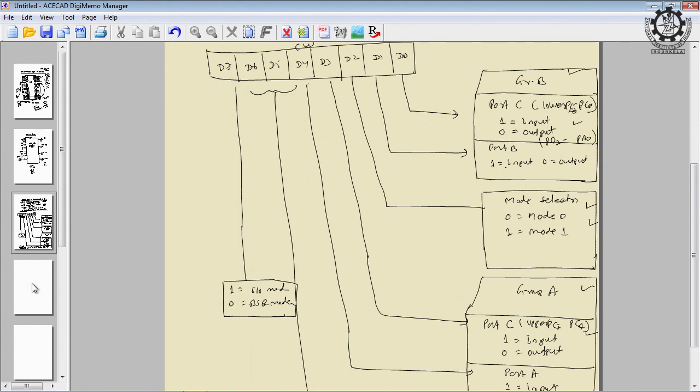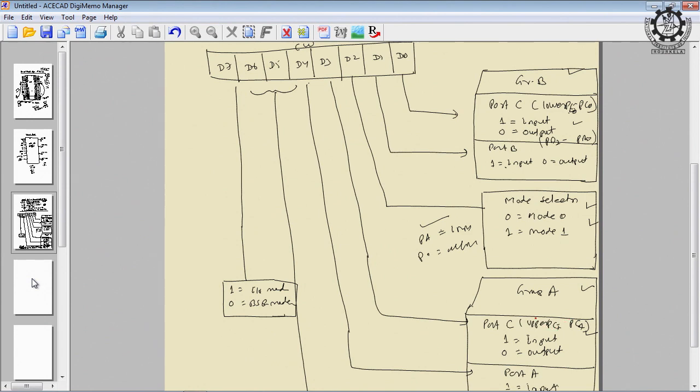Unless you remember, you cannot set the control word, because to transfer a single byte of data with bidirectional data transfer, you have to make port A, suppose, input, and port B output. Similarly, you have to choose the bit field from this control word. Unless you make port A input, the data cannot be input, right.